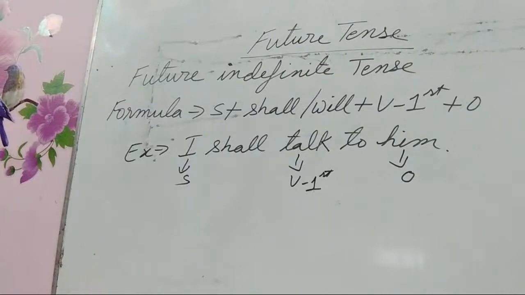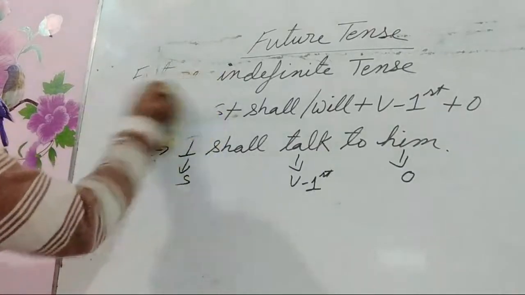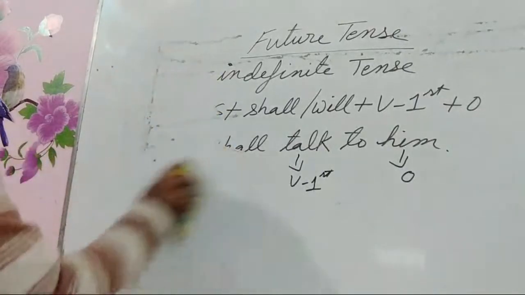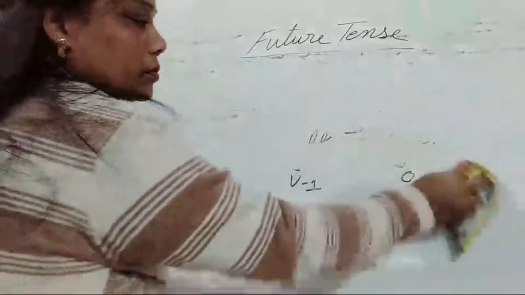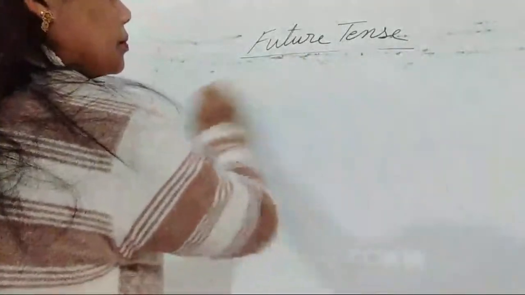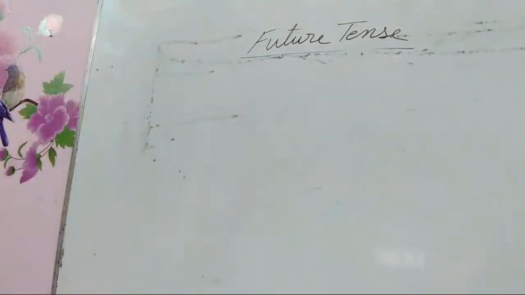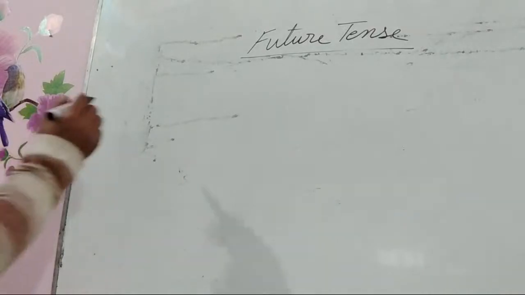Now let's see how to change a sentence into negative future tense. Now we are going to see the negative sentence in future indefinite tense. How to make a negative sentence in future indefinite tense.